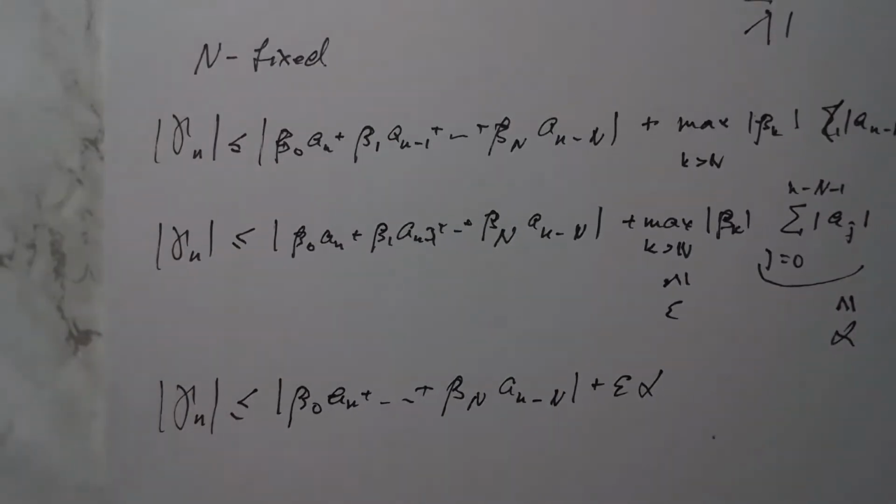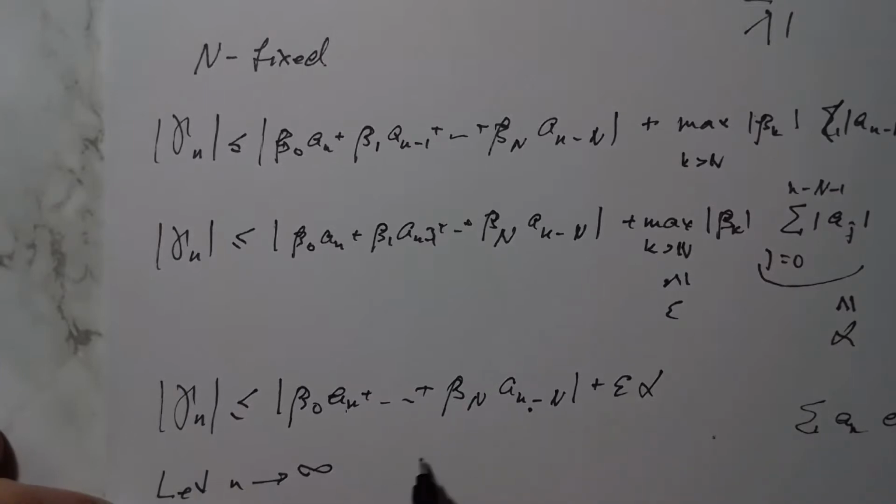Okay, and so here is the trick. The trick is that now I'm going to let n tend to infinity. Well, if n tends to infinity, this is a finite sum. Little n tends to infinity, but the capital N is fixed. So if this is a finite sum, then all a's tend to 0. Remember, the series with a k converges, so the terms tend to 0, and there are only finitely many of them.